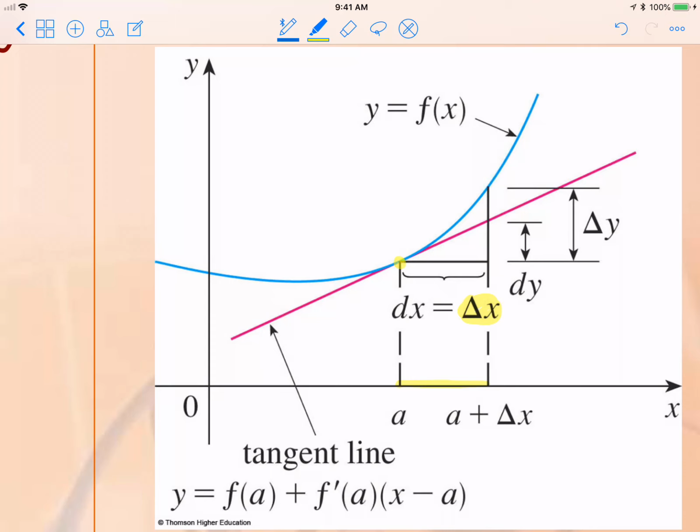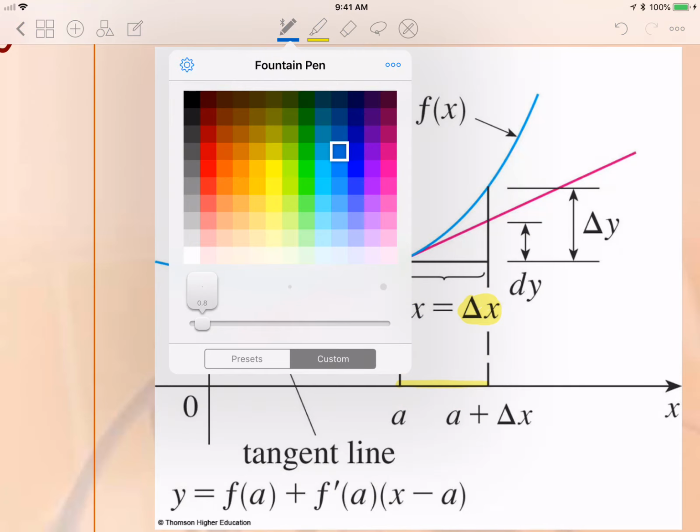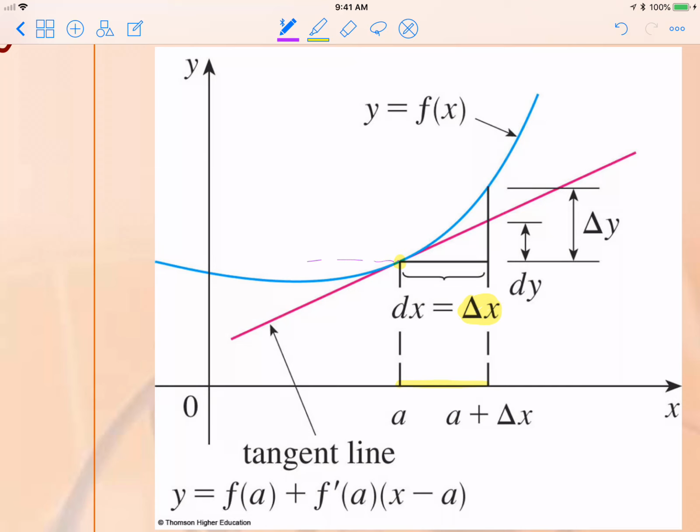And now we've got f of a and f of a plus delta x here. And so the increment in y is f of a plus delta x minus f of a. So that's that distance.